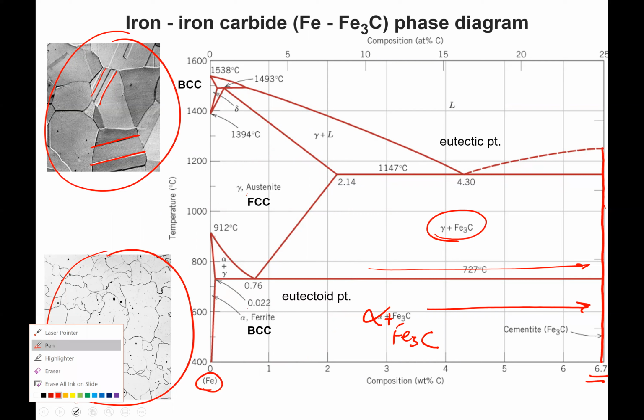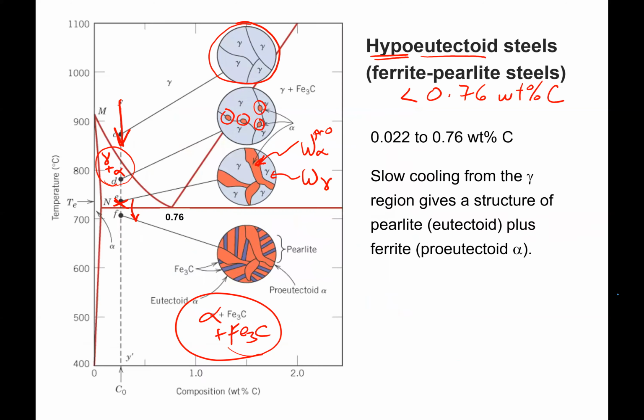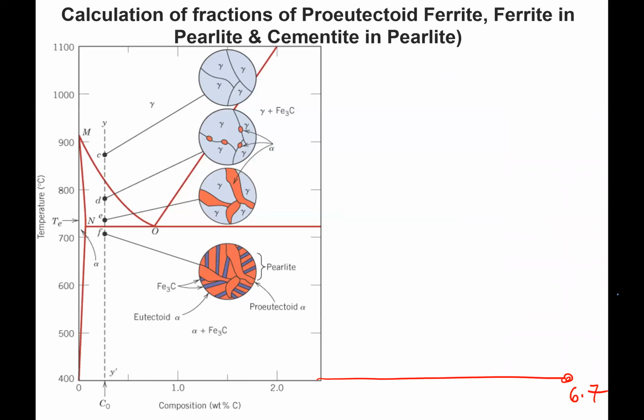So we will be drawing a tie line in the problem that we're doing down here, just below the eutectoid temperature. That's going to run all the way across our sample. We're going to have the 0.022 on this end, and we're going to have 6.7 on that end. So let me go back to our problem.